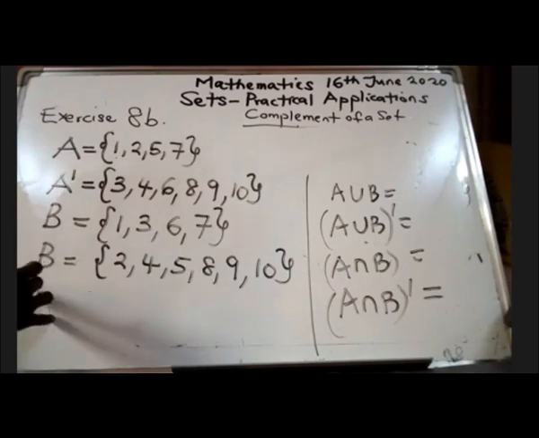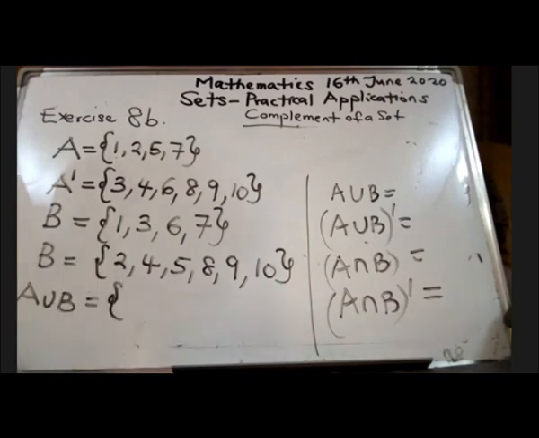So what is now A union B? Because you can't get A union B prime without considering A union B first. What is A union B?